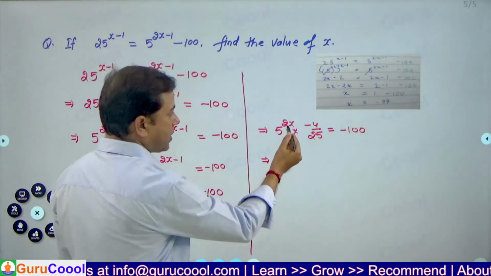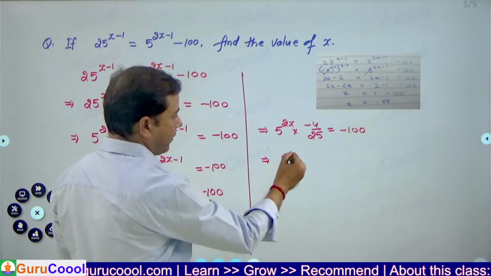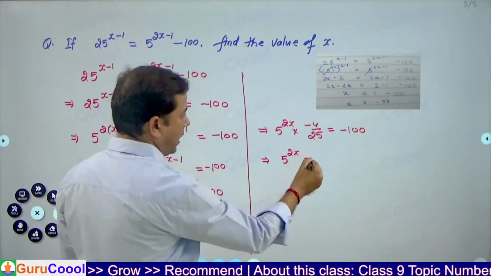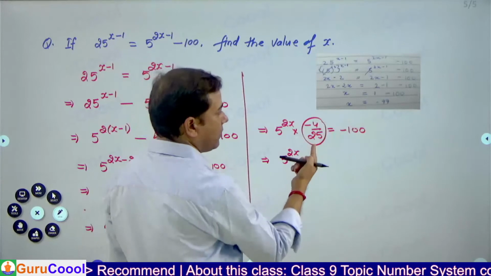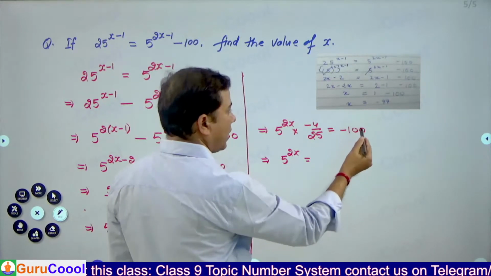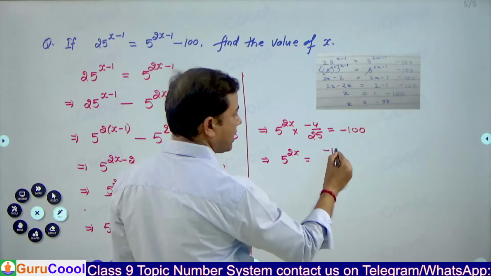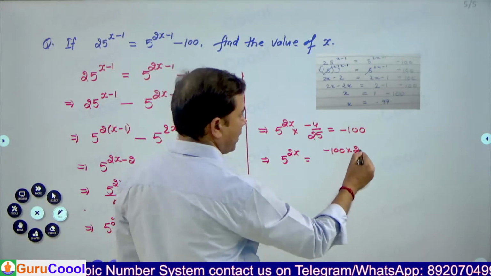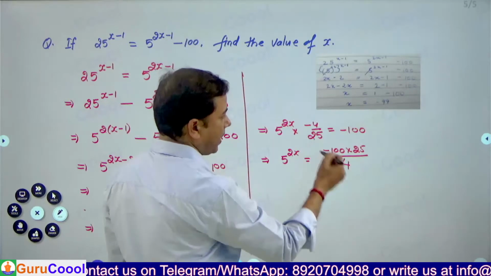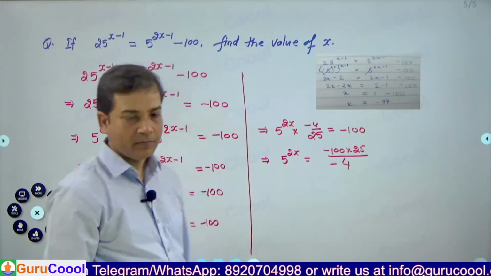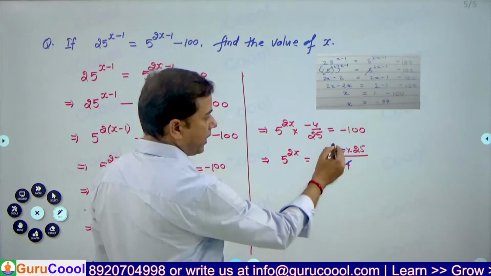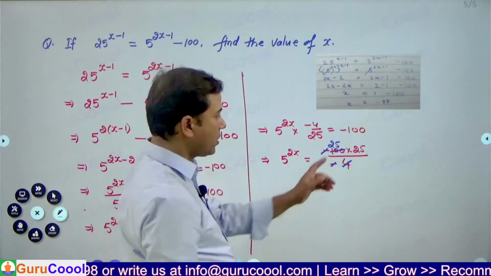Now let's keep the variable term alone on the left side, 5 raised to the power 2x, and this part without x to the other side. 100 into 25 by 4, minus 4. Minus sign cancelled. 4 divides 100 in 25 times. So it's 25 into 25.